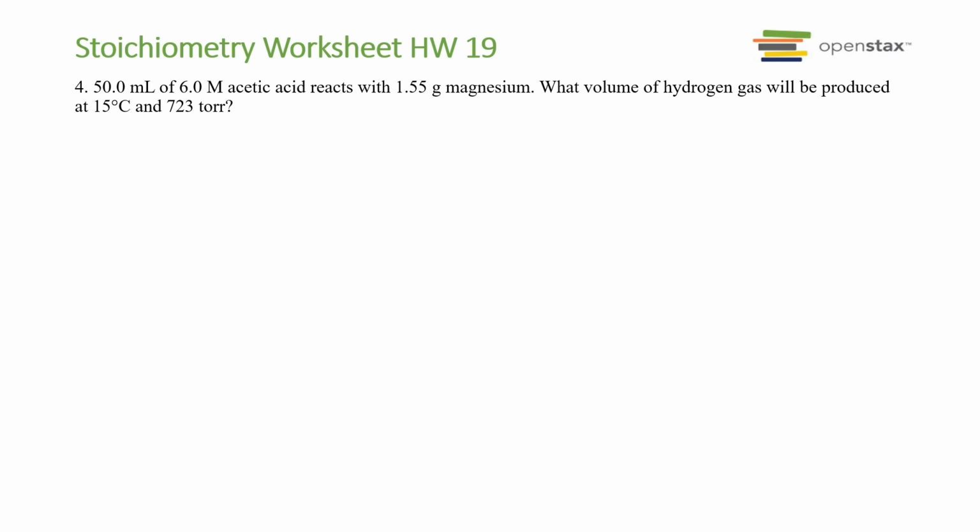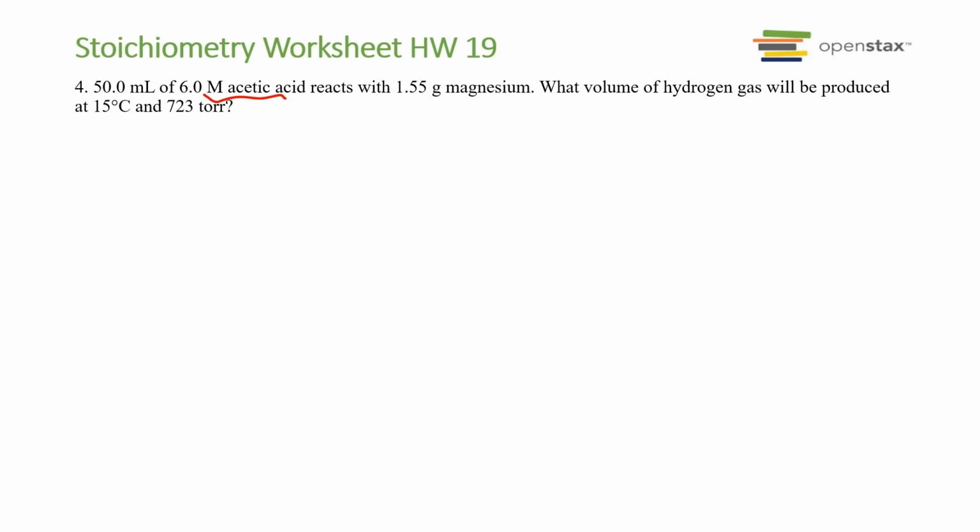So it starts with a solution. So we've got acetic acid. We've got acetic acid and we've got a concentration there, so we know we can convert to moles there.